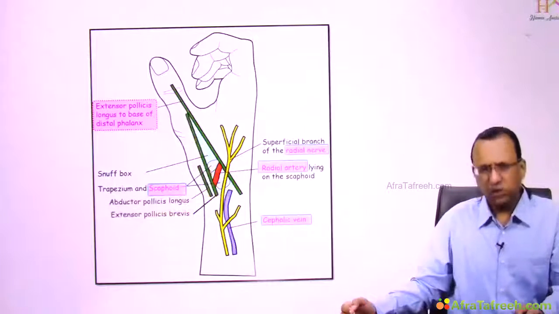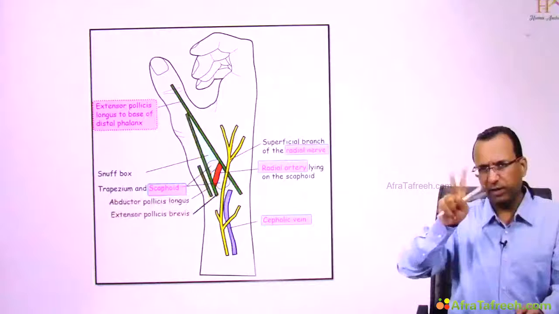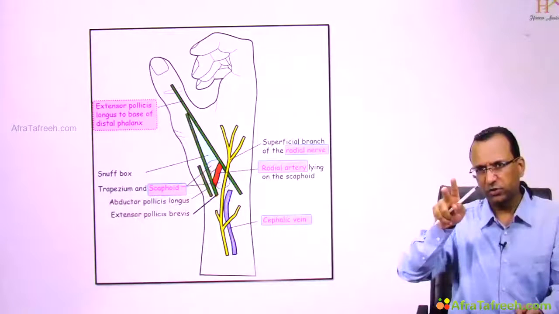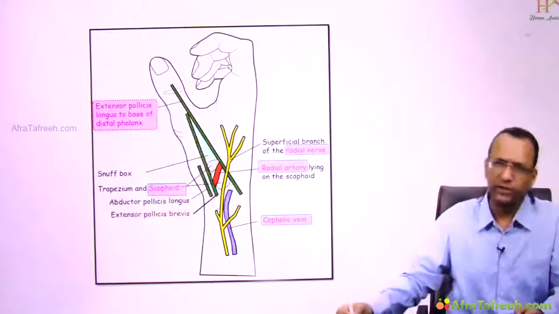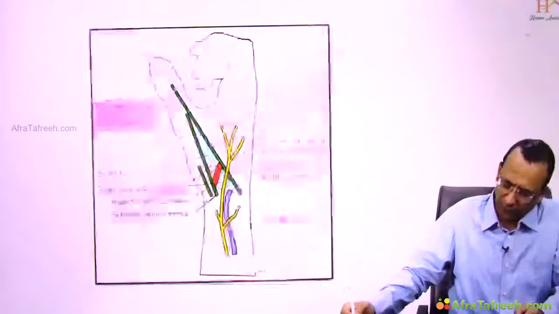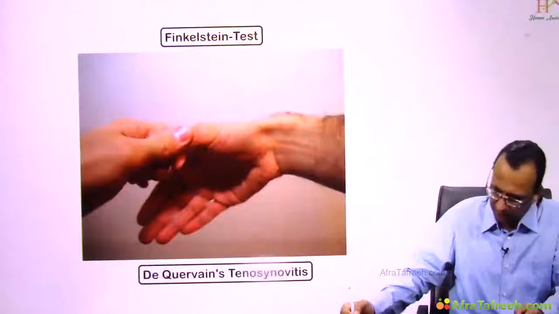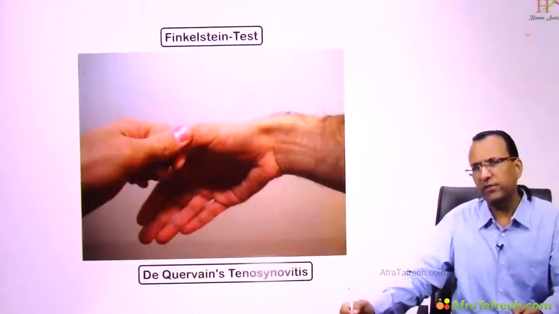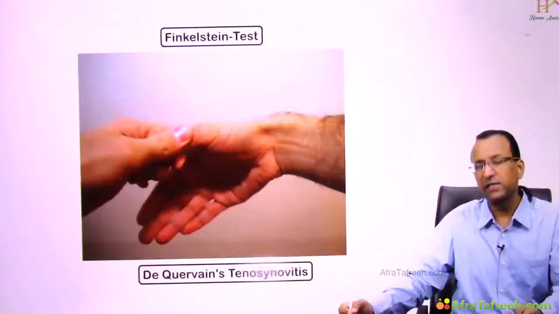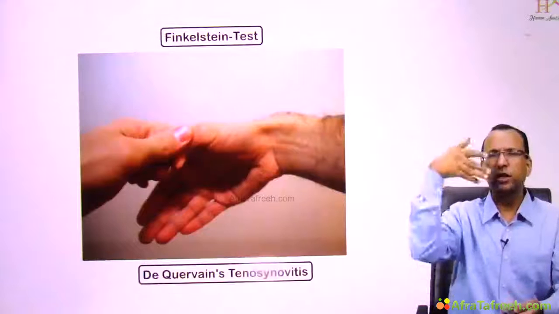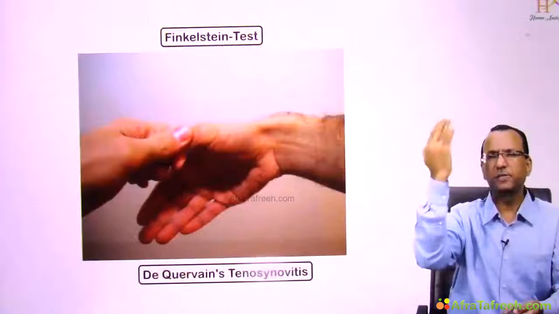These two tendons are inflamed in De Quervain tenosynovitis, so one test will become positive: the Finkelstein test. You have to do sudden ulnar deviation, and that is painful.